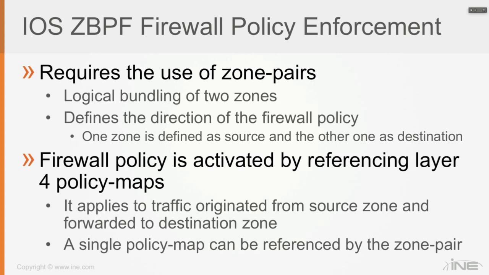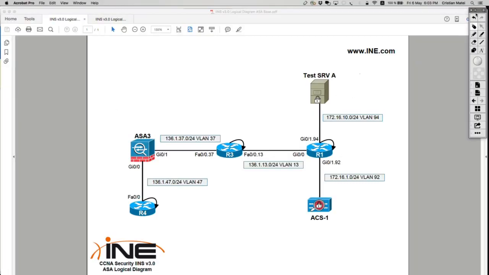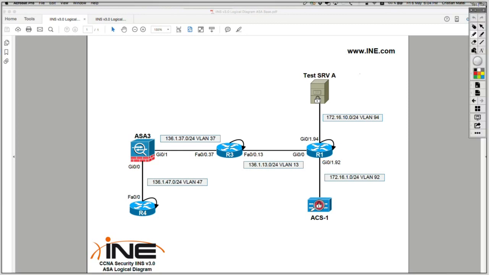So what this means is that, looking again at the same example which we did before, if this is my router with the inside zone, whatever is routable in here is going to be the inside zone, and whatever is routable out there is going to be the DMZ zone.